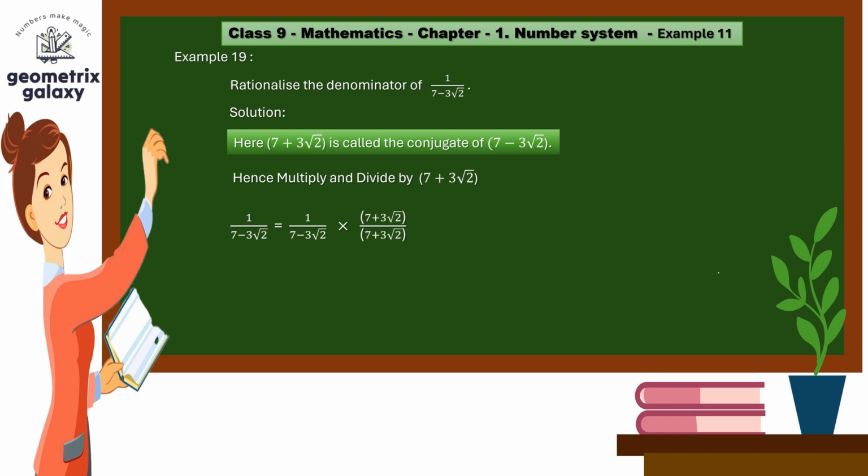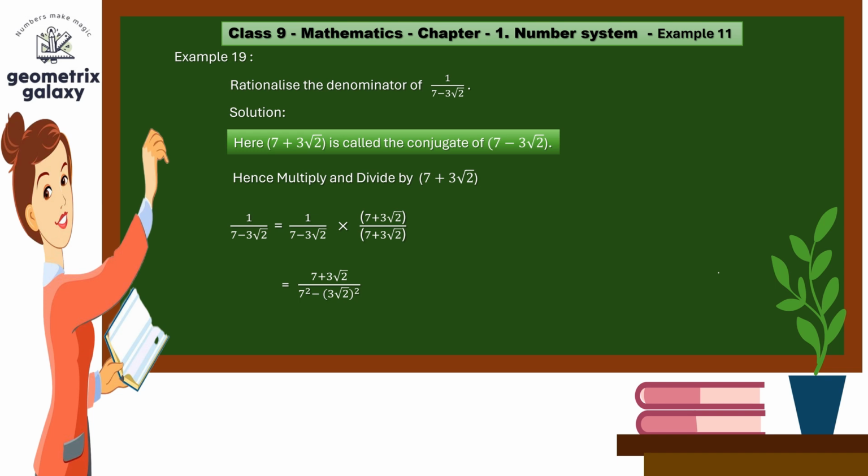That is 1 by 7 minus 3 root 2 into 7 plus 3 root 2 divided by 7 plus 3 root 2. Now if I multiply, in the numerator I get 1 into 7 plus 3 root 2 as 7 plus 3 root 2, and 7 minus 3 root 2 into 7 plus 3 root 2 gives me 7 square minus (3 root 2) the whole square.